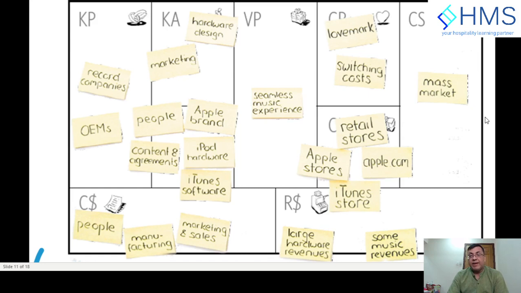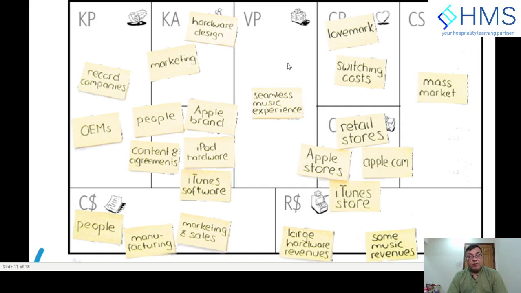It can be divided into three parts: how you are going to create the value, capture the value, and generate revenue. Here is the customer segment, meaning the market. For example, Apple is the mass market. Then what key relationships you are going to make with customers, and how you're going to distribute the product, maybe by retail store, Apple Store, or iTunes store.